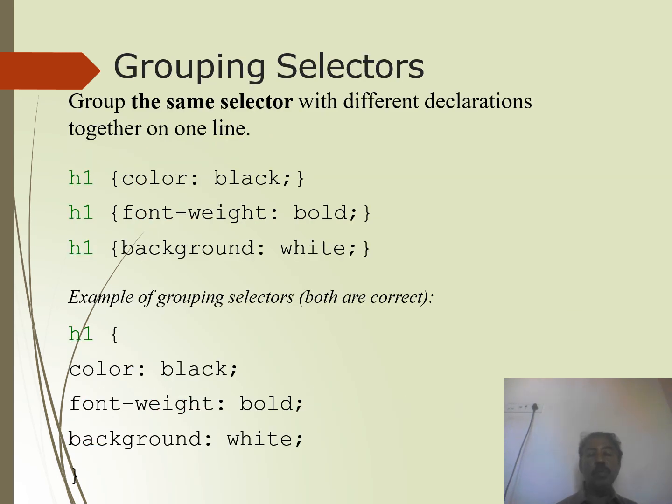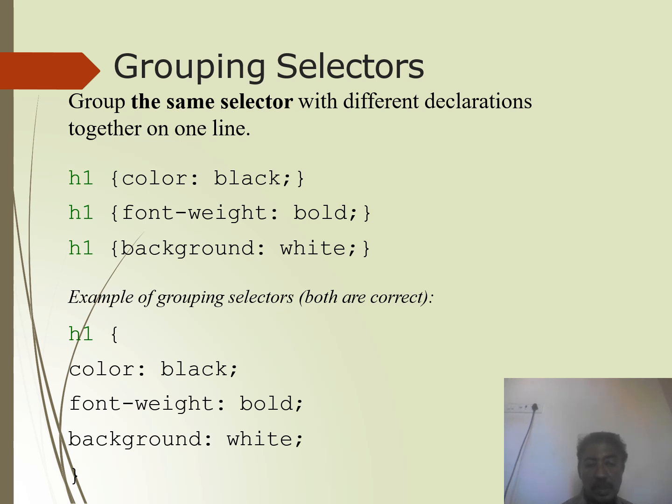Then grouping selectors. Instead of single selectors, it is possible to group them also. Therefore, first we have used the same H1 color, colon, black, and H1 font white with bold, H1 background white.